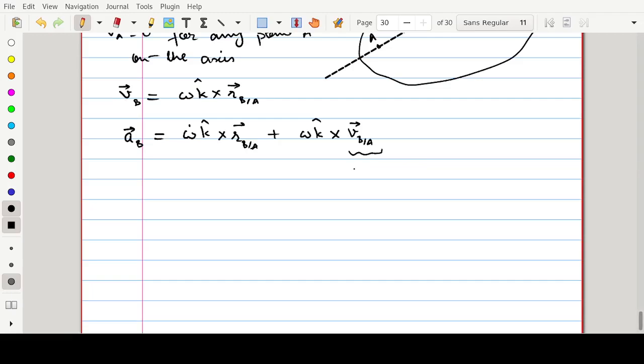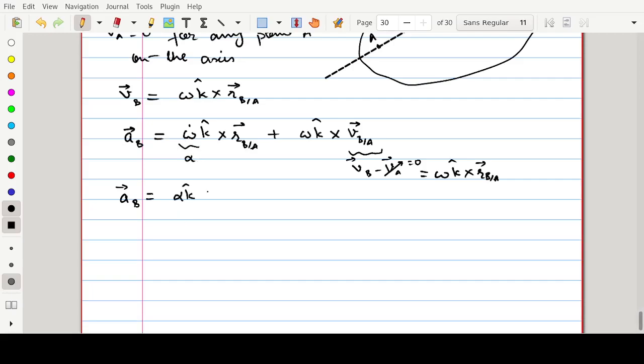So this VBA is VB minus VA, and VA is 0. So this is equal to VB, which is omega cross RB slash A. So this expression for acceleration of a body undergoing rotation about a fixed axis is given as this. Omega dot can be denoted by alpha, angular acceleration.